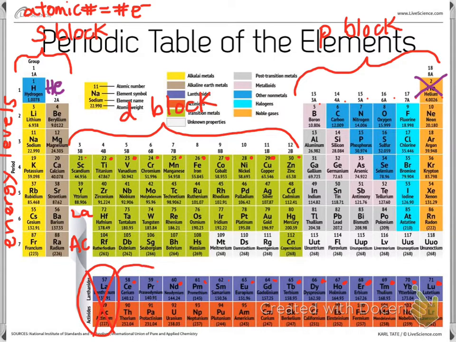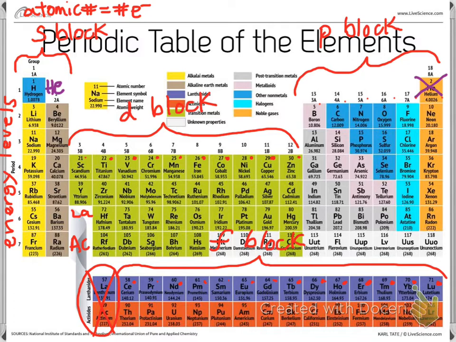Again, you guys, that's not a coincidence. This is called my F block. What that means is, in these two rows that are pulled out and underneath the main body of the periodic table, we're putting electrons into the F sublevel. We're putting electrons into those 7 F orbitals.